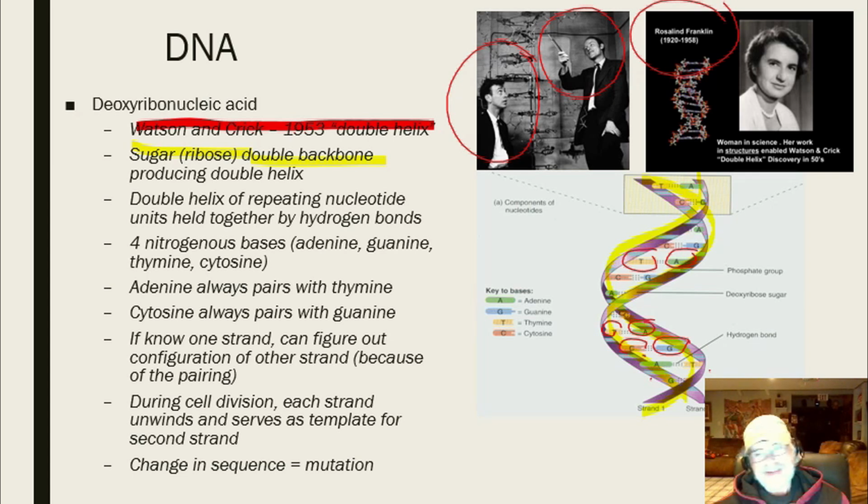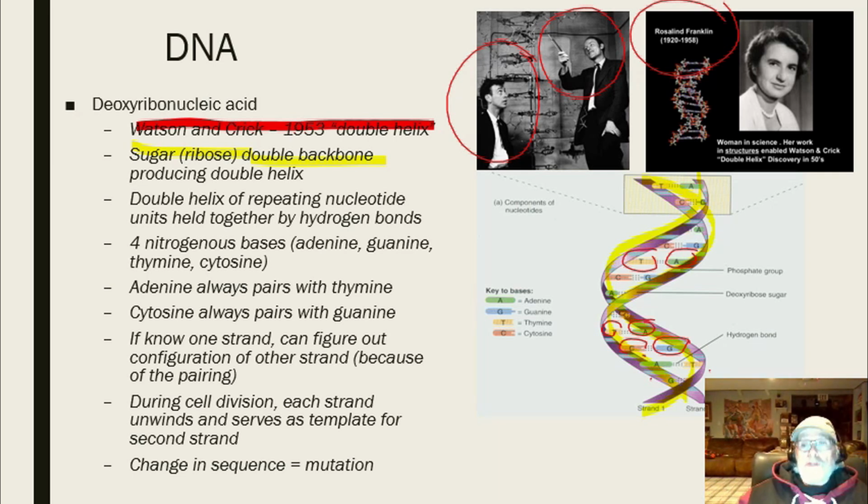She said, hey guys, maybe you should look at this. Starting to sound a little like drunk history, but it's not. Her work on structures, really this double helix structure, enabled Watson and Crick to come up with this DNA model. So a lot of credit goes to Rosalind Franklin.